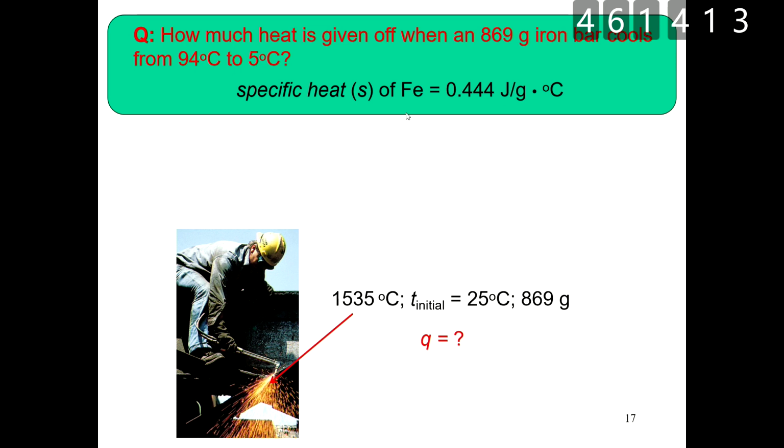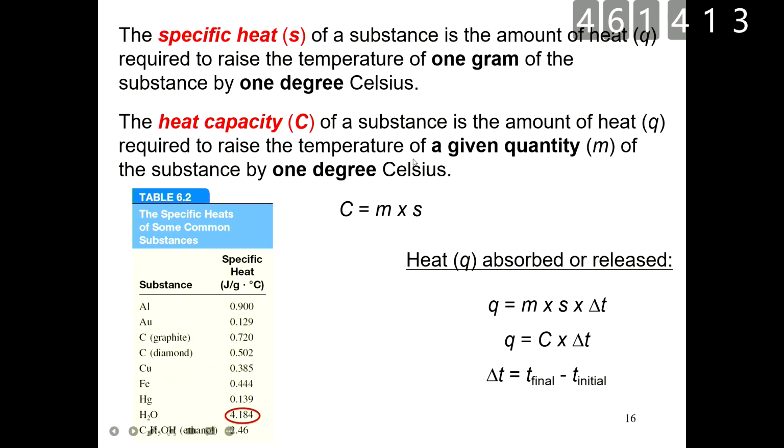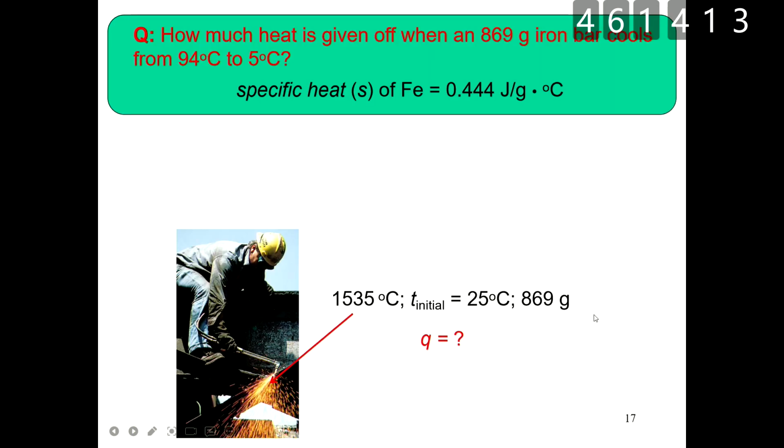We know the specific heat of iron is 0.444 joule per gram per degree. So how to calculate? Basically we can use this equation: the heat equals the mass times the specific heat times the change of temperature.